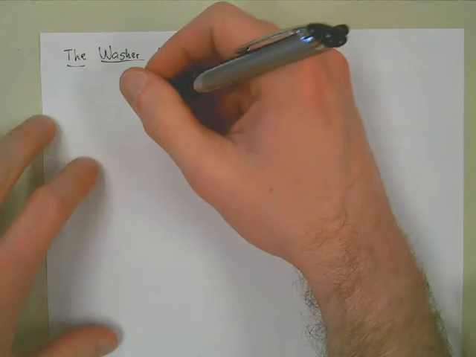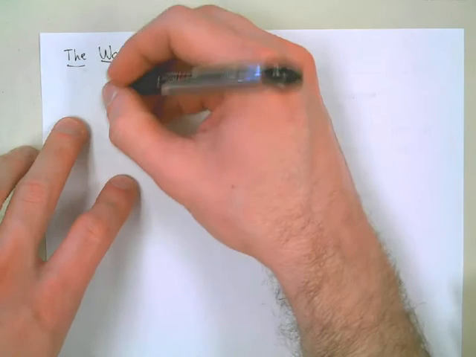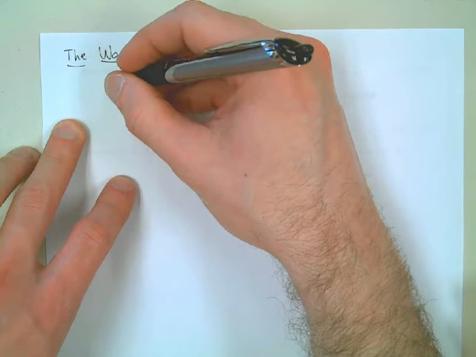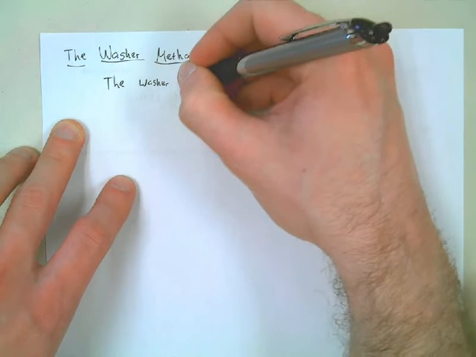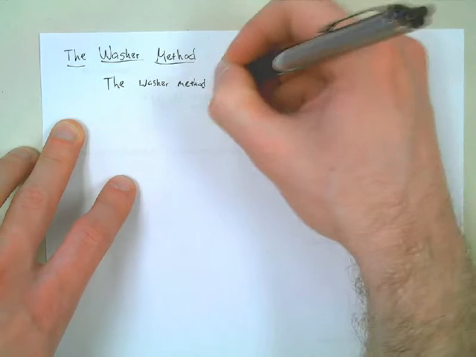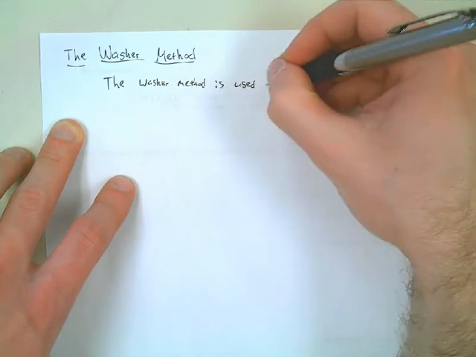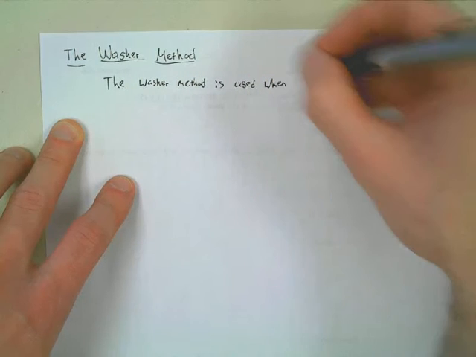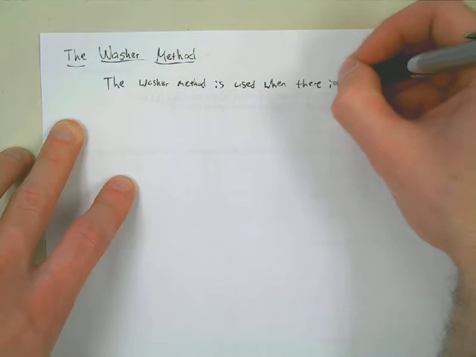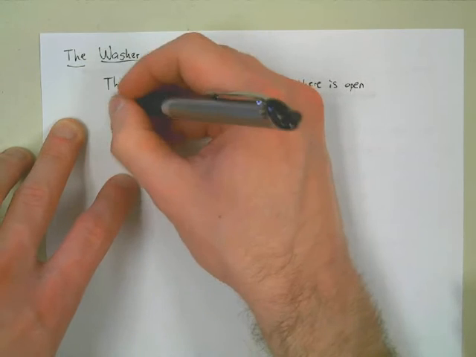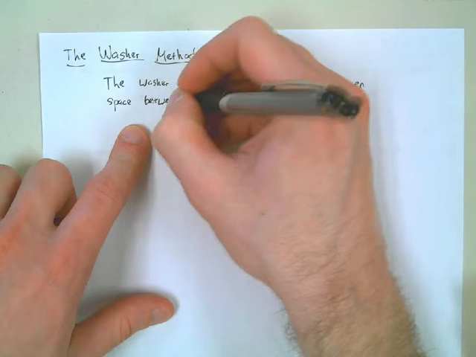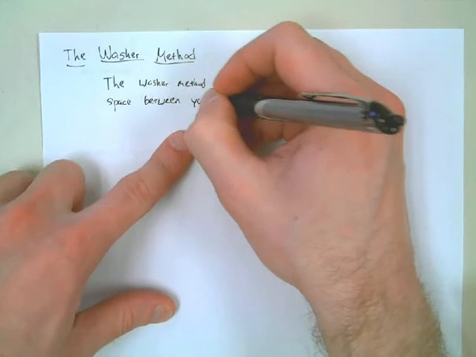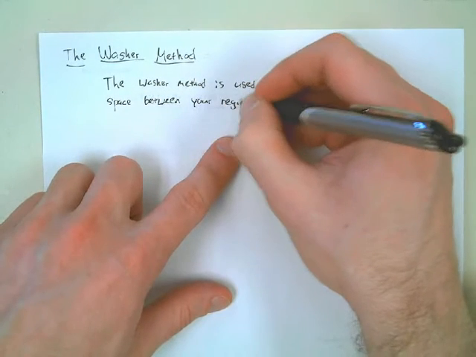Okay, so the washer method is used when there is open space between your region and the axis of revolution.